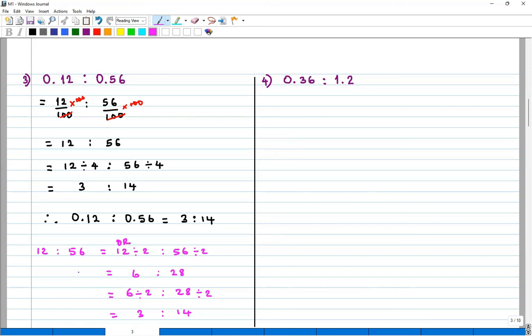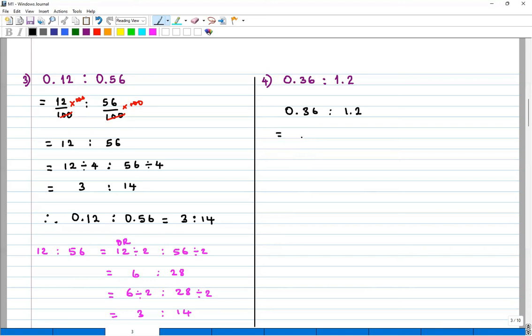Okay? All right. Let's get to example number 4. We have 0.36 to 1.2. Okay. Let us rewrite it as 0.36 to 1.2.